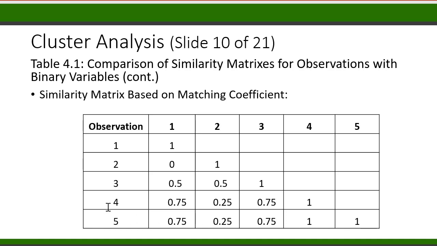So observation 3 is 50% similar to 1 and 2. Observation 4 and 1 are 75% similar, only 25% similar for observation 2, and so on. So that's calculated out for all of them.